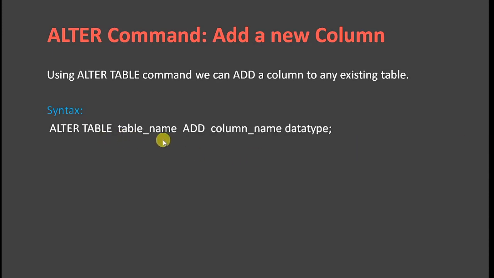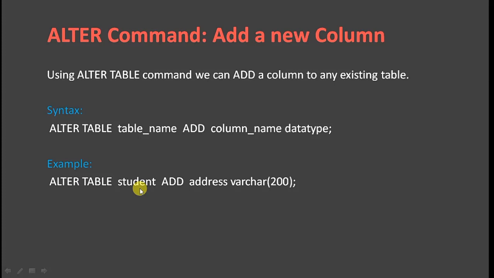Alter table, table name, add, column name, its data type. Let us see the example. Alter table student, add address of data type varchar and size 200. Let us run this query in MySQL and add the new column address in the table student.